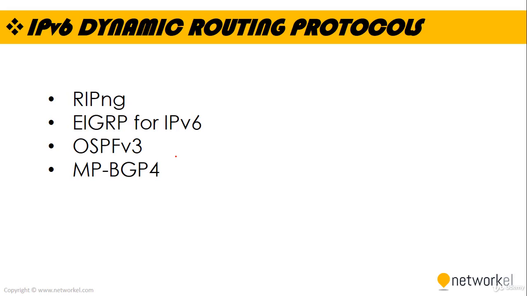The dynamic routing protocols that we can use in an IP version 6 environment are RIPng, EIGRP for IPv6, OSPF version 3, and multiprotocol BGP-4.